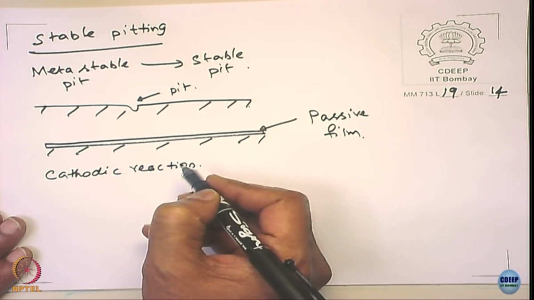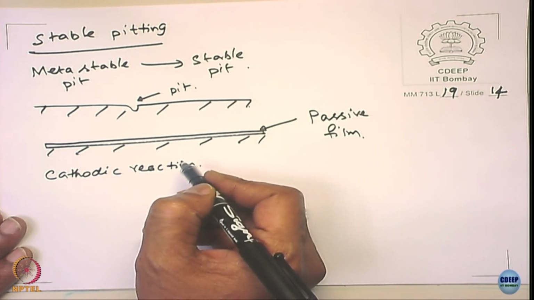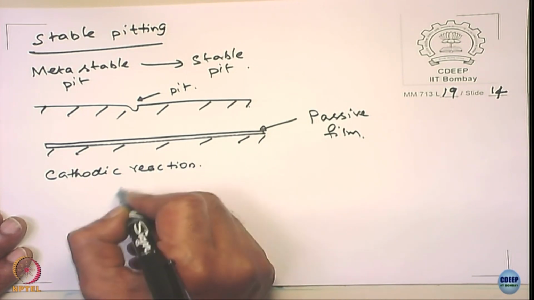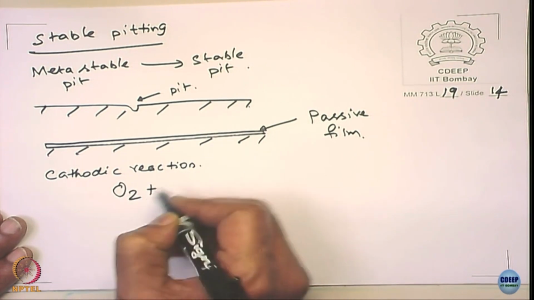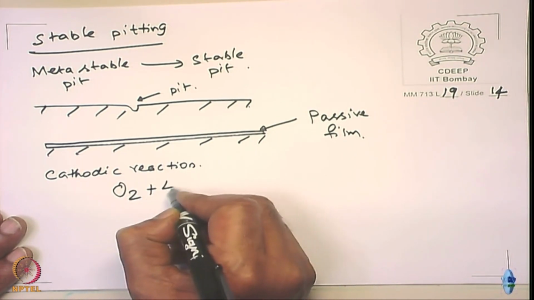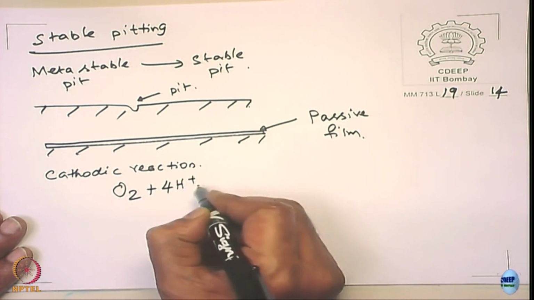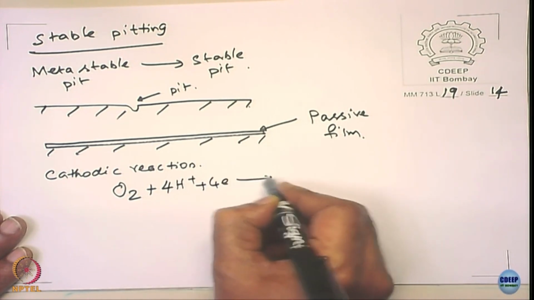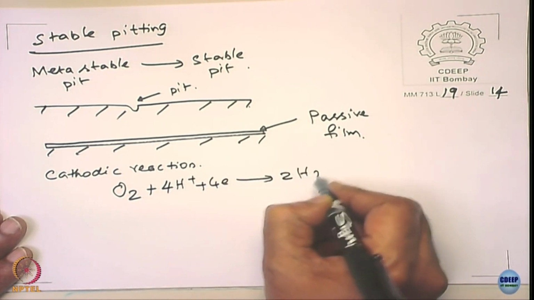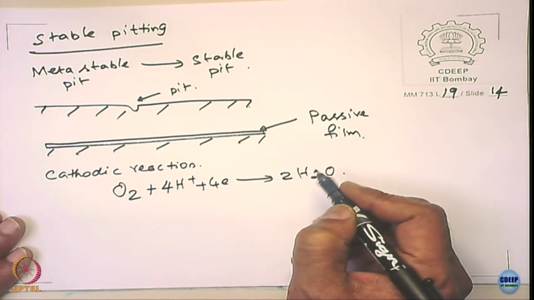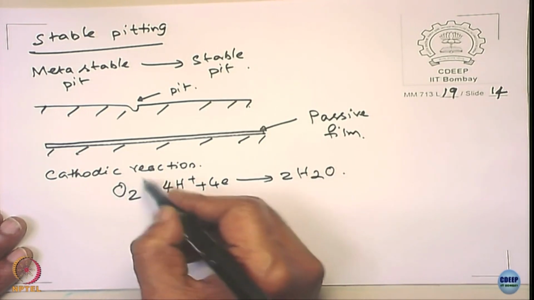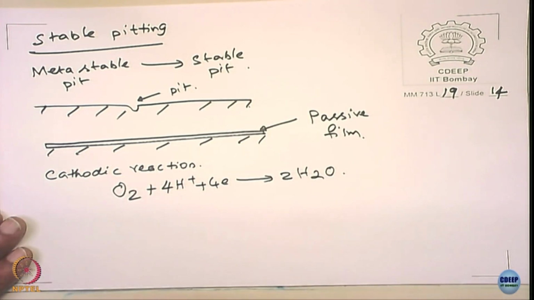Generally, for a stainless steel to passivate, the cathodic reaction has to be what? If you are going to use an acid, the cathodic reaction is generally the oxygen reduction reaction, that only makes the potential lie in the passive region.